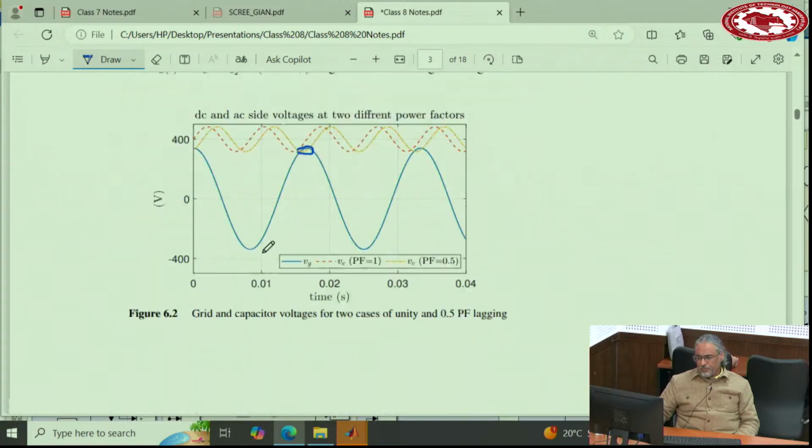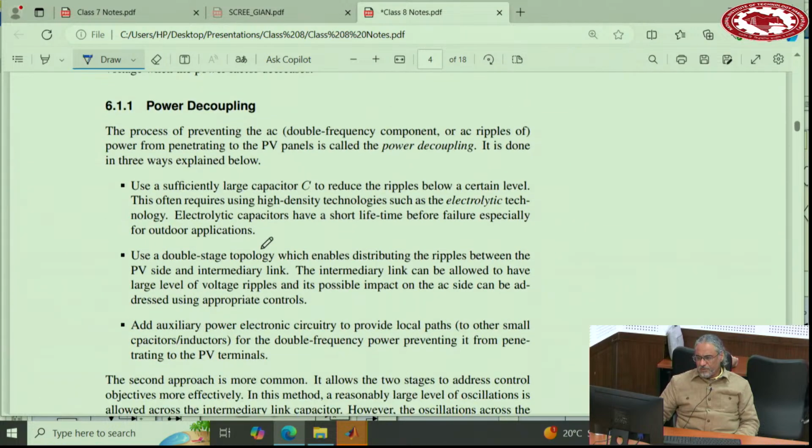So these are the approaches for power decoupling: a sufficiently large capacitor, or a double stage. And the third one, which is also used but not very common, is to use a completely separate circuit connected to the DC link, to this capacitor, and that auxiliary circuit absorbs the ripples.